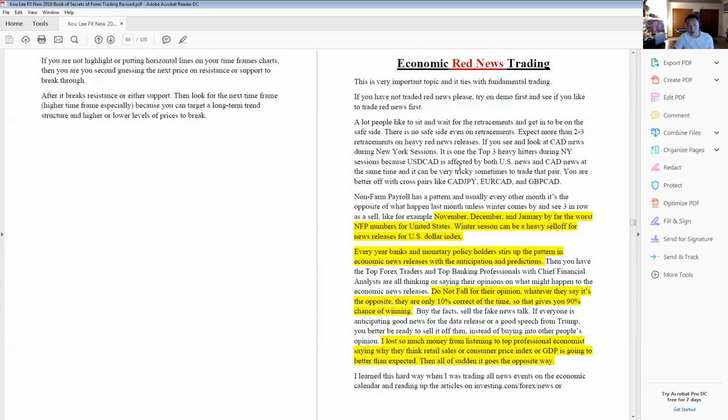As soon as she spoke, I put a 20 standard lot right when she spoke, and it immediately fell, and I was negative 13,000 right away. That just goes to show you how much you can lose with just the Fed speaking. From that day, I lost 17,000 that day, and then on Monday I lost the rest of the money.